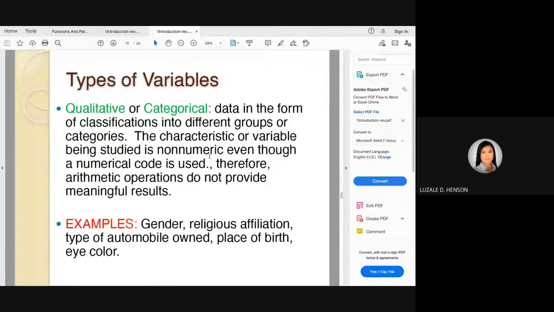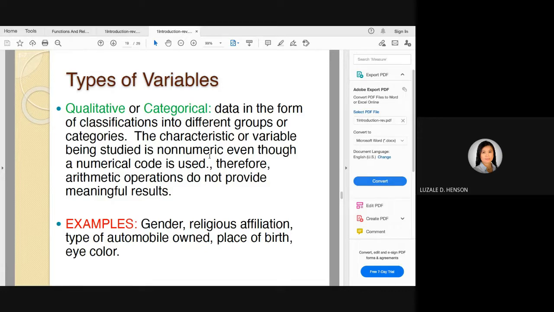Right? Now, let's proceed to types of variables. Meron tayong qualitative and quantitative. Another word for qualitative is categorical. Okay? So, pag sinabi mong qualitative, kaya may mga thesis na qualitative yung approach because they're dealing with words.